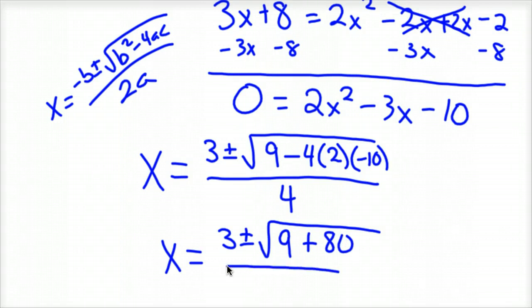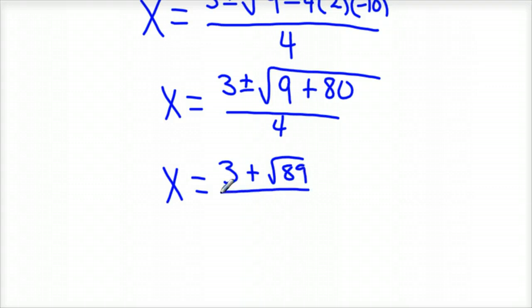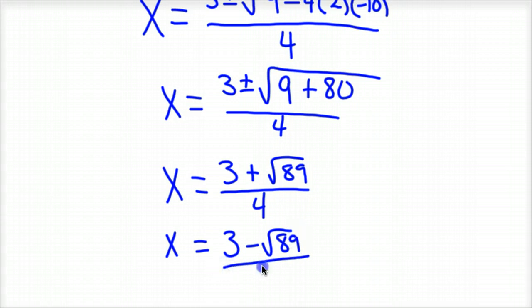Yes, it does not come out very nice at all. And so my two answers would be x is equal to 3 plus the square root of 89, and 89 is prime, nice, and x equals 3 minus the square root of 89. What a lovely number. And so those are our two solutions to that original logarithm.